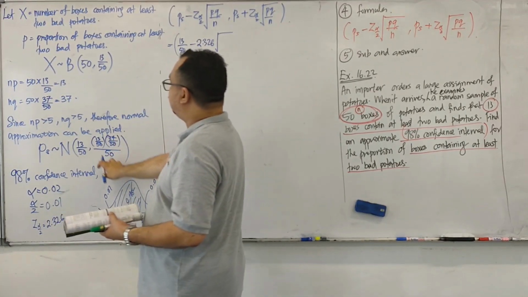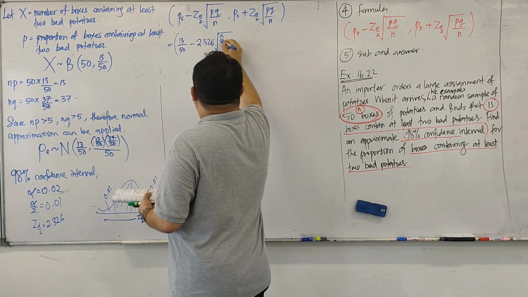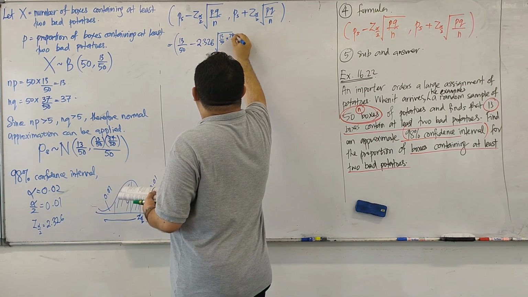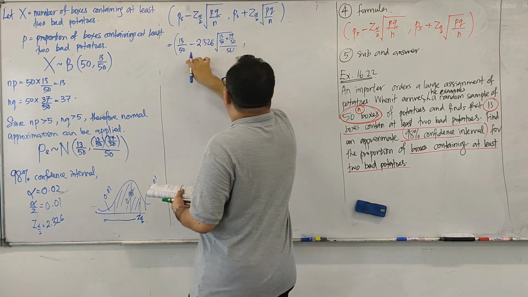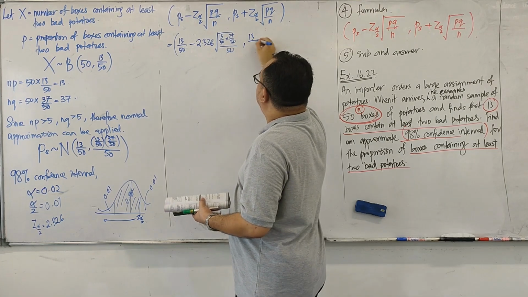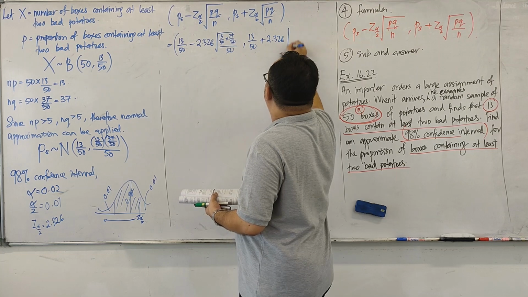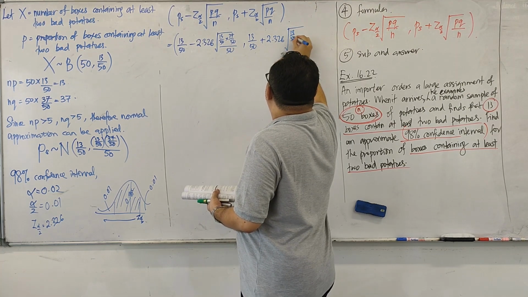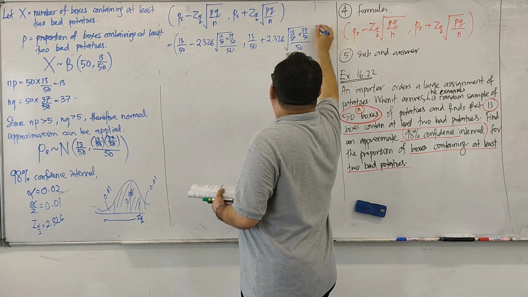Square root of your variance. Variance awak adalah PQ over N. 13 over 50, 37 over 50, divided by 50. And then the same thing, I just change from minus to plus. 13 over 50 plus 2.326, 13, 50, 37, 50 divided by 50.